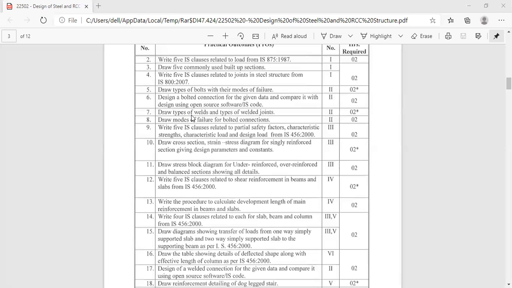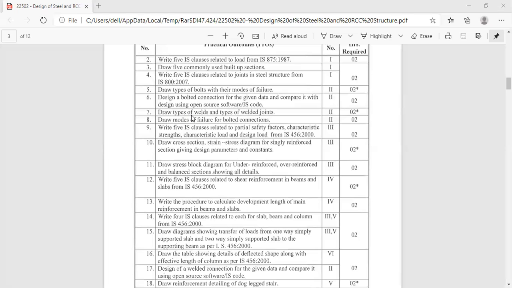Fillet welds are used for joining 2 pieces of metal together when they are perpendicular or at an angle. So when we require joining between 2 pieces of metal in a perpendicular direction or in an angle direction, then we have to use the fillet weld.